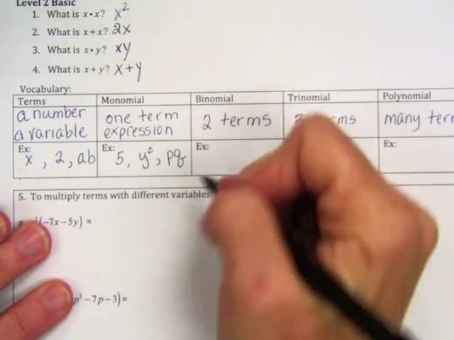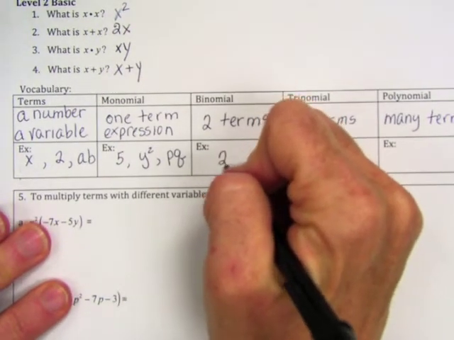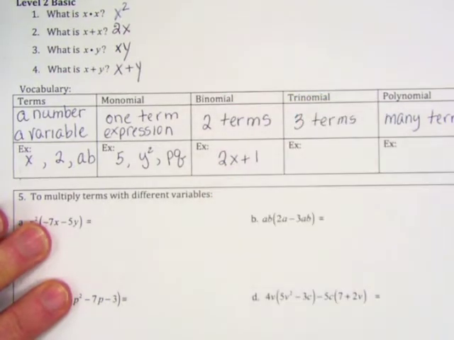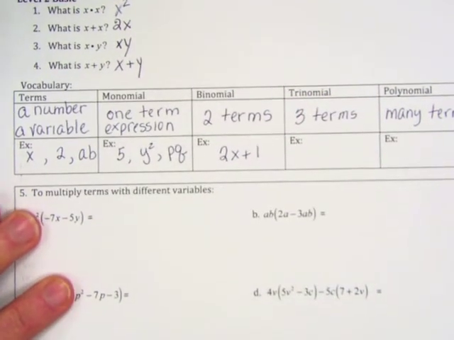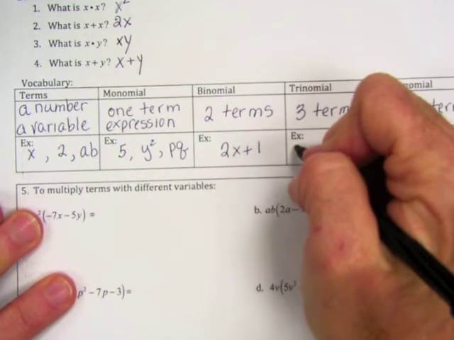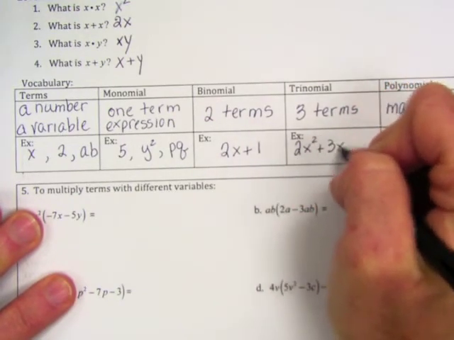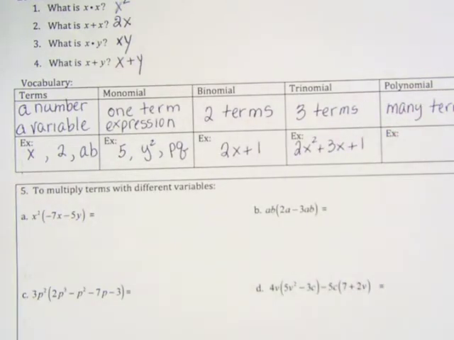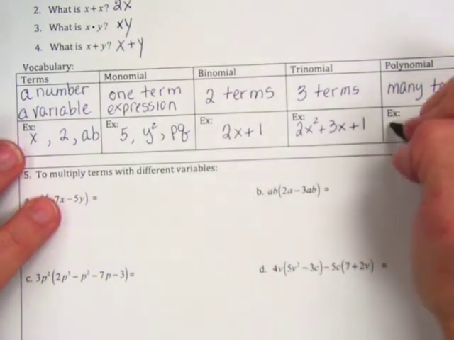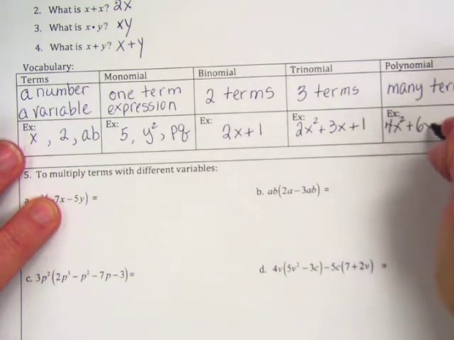An example of a binomial is 2x plus 1, and an example of a trinomial is 2x squared plus 3x plus 1. A polynomial, more than 3: 4x squared plus 6x plus y plus 7.